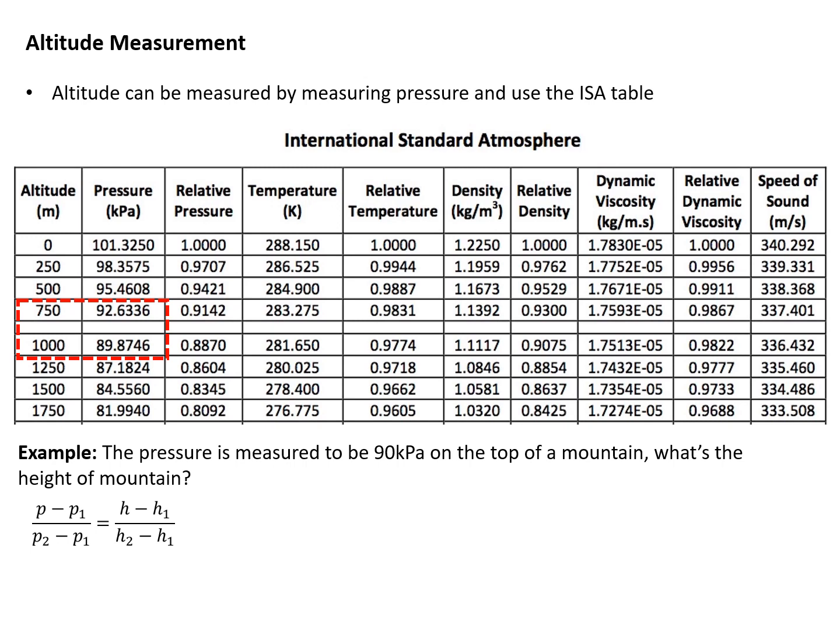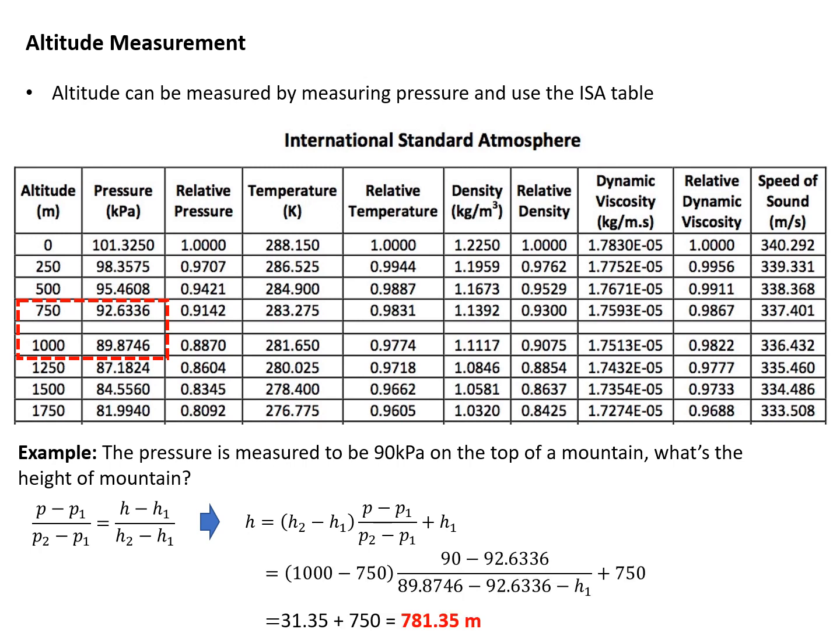If we use a linear interpolation like this, P1 is the pressure at H1, and P2 is the pressure at H2, and then we can write H, the height of the mountain, explicitly using this formula. Then we just put in the numbers.